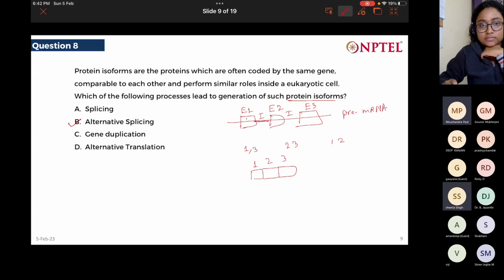Ma'am, what is a truncated protein? The word truncated means shortened.